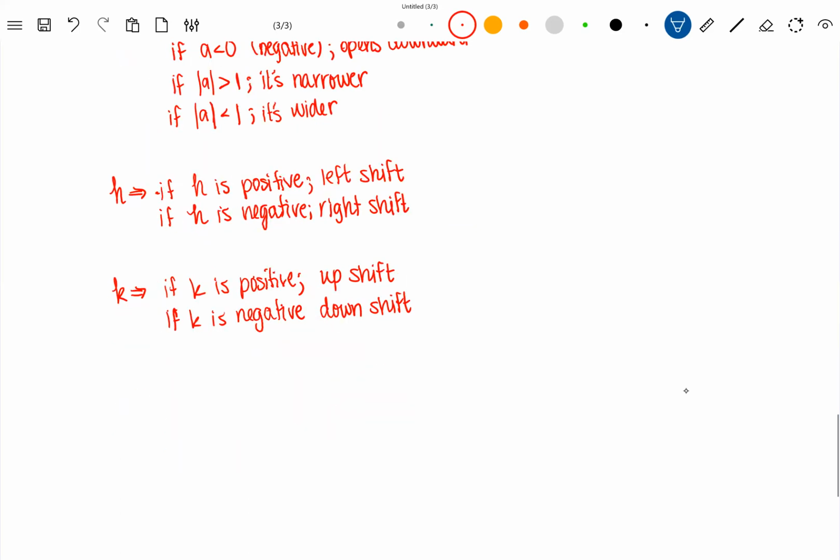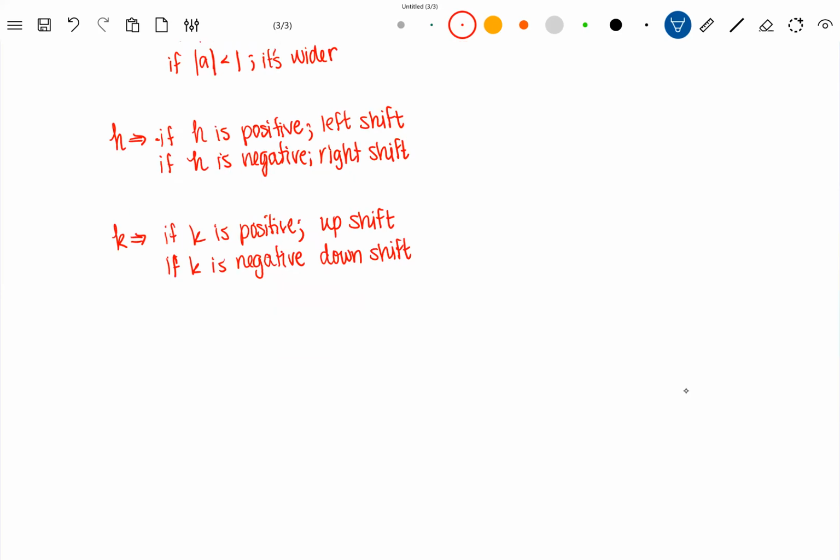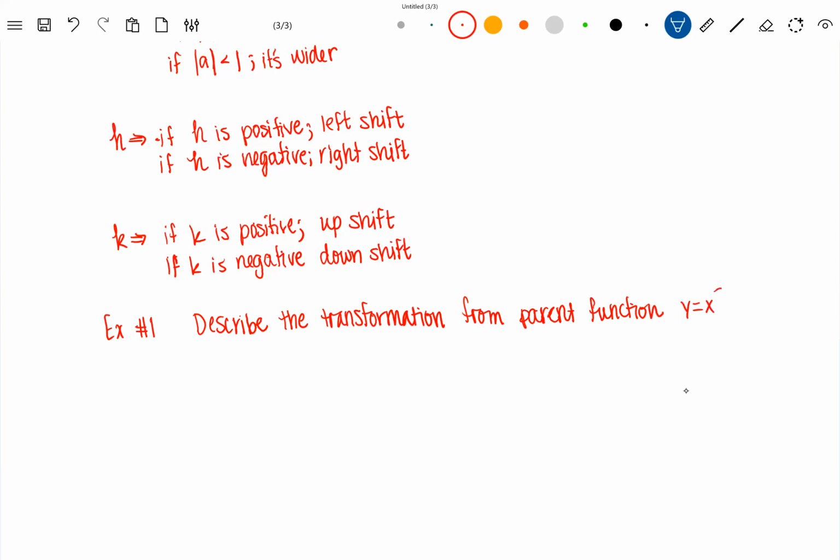Okay, so let me show you. Here's an example. We're going to describe the transformation from the parent function. In other words, we're going to describe how it's different. So this first equation, y equals x plus 4 squared.